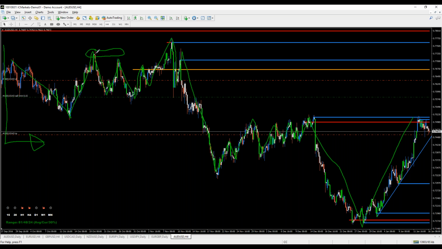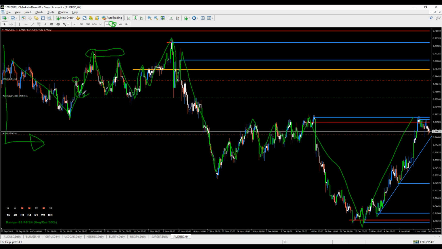You can see that when price left here, we didn't really consume anything opposing. When it left here, it moved above this high, which makes this important on the 4-hour time frame, but on the daily time frame, this might not be visible.